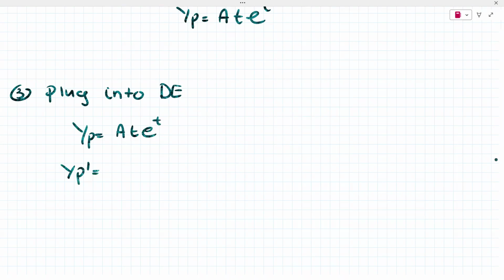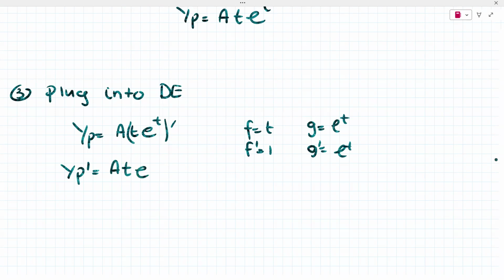Well, a is a constant, so you could just take the product rule and then bring down the a. Your f is going to be t, your f prime is going to be 1, your g is going to be e to the t, your g prime is going to be e to the t. So your y prime is going to be a t e to the t plus a e to the t.